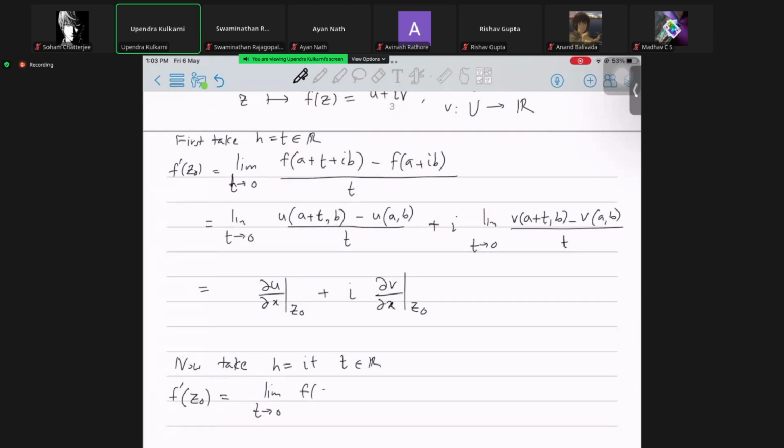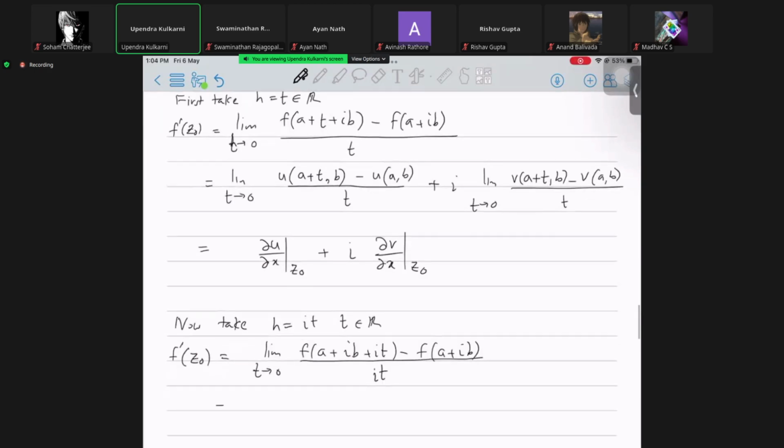F of a plus ib, and now t gets added over here, minus f of a plus ib, that stays the same, divided by what? It, not t, okay? Because the h that I added on the numerator is the same thing that I have to put in the denominator, i times t.